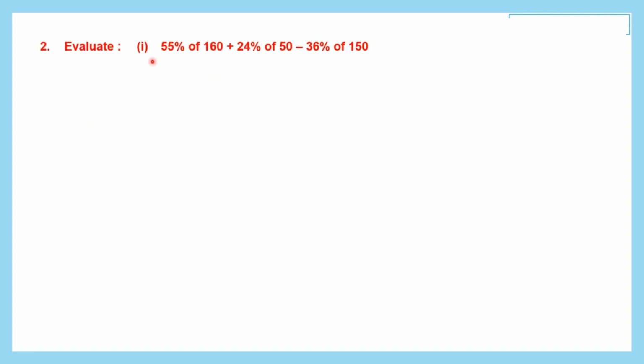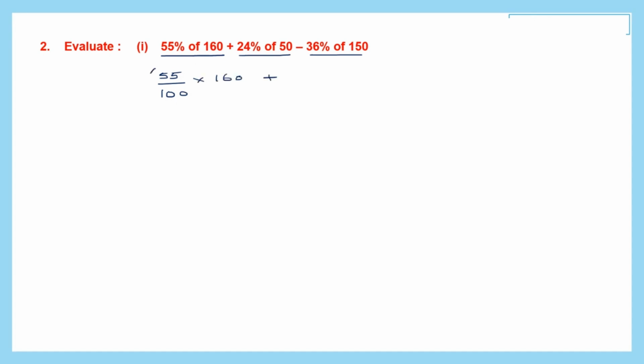Question 2, evaluate. Under this, the first one is given like this: 55% of 160 plus 25% of 50 minus 36% of 150. So let's expand each one, simplify each one separately. So here 55% of 160, that means 55 by 100, of means into 160 plus.